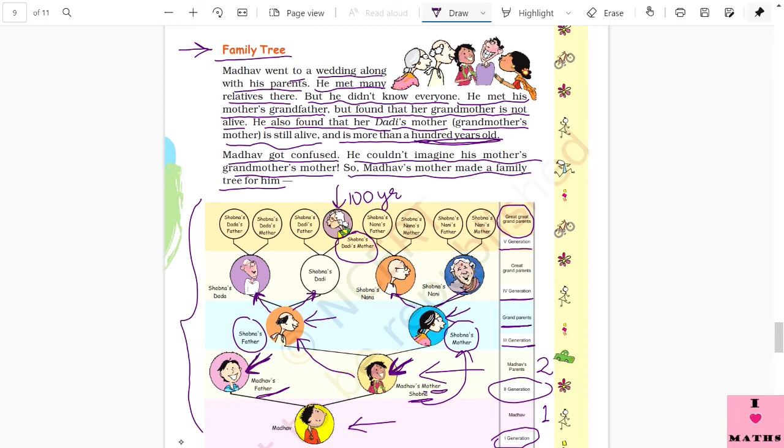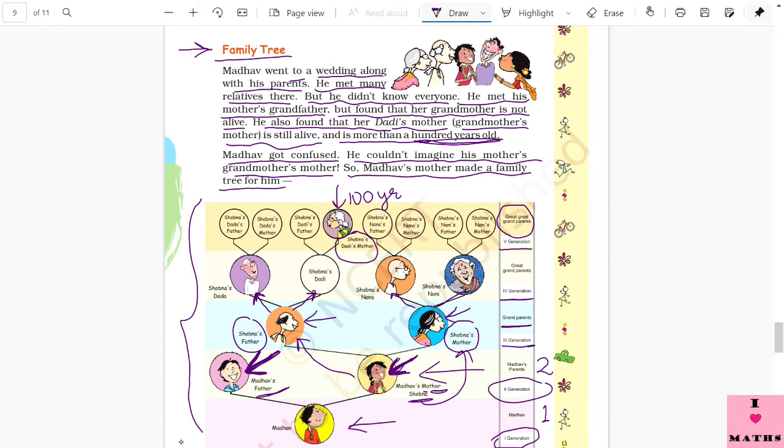His father did not make a family chart, but the way he has grandparents of his mother which are called maternal grandparents, same way he has grandparents from his father's side which are called paternal grandparents. So we have to double the grandparents shown here. Why? Because the paternal grandparents have not been shown in this chart.